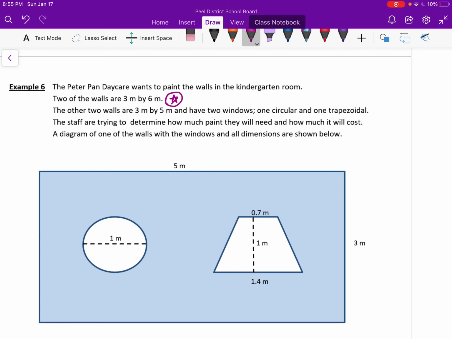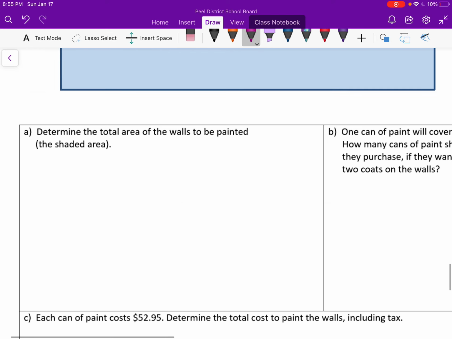So before we do anything, let's break this down. We know that there's two walls that are 3 by 6, so let's figure out how much the paint on those walls is going to cost first. It says determine the total area. So paint on walls 1 plus 2 is going to equal, they're 3 by 6, right?